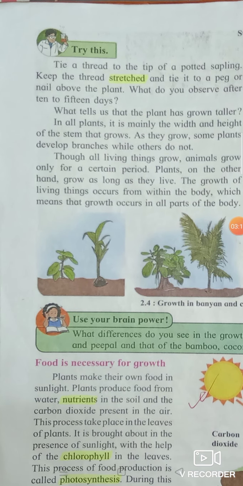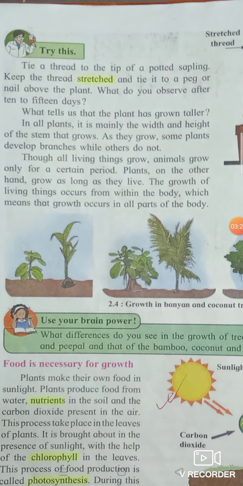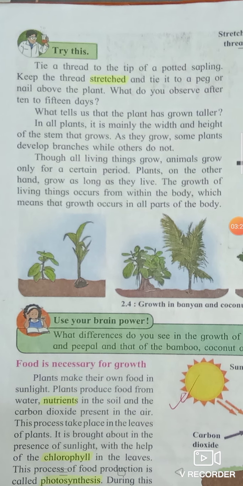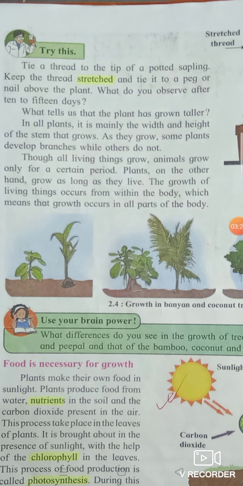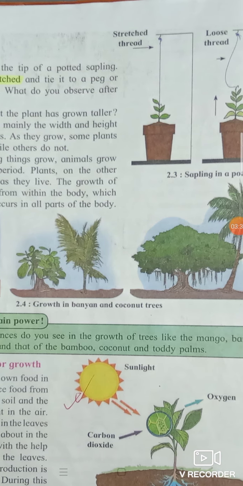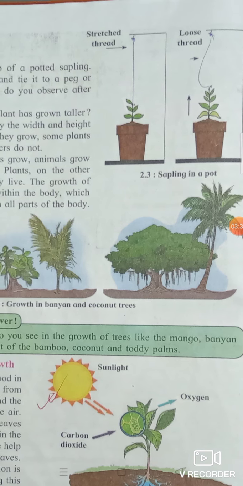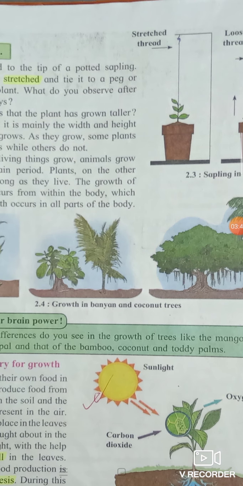We will see that. What tells us that the plant has grown taller? In all plants, it is mainly the width and height of the stem that grows. As they grow, some plants develop branches while others do not. Here we can see in the second potted plant, the plant has grown up, so the thread becomes loose.